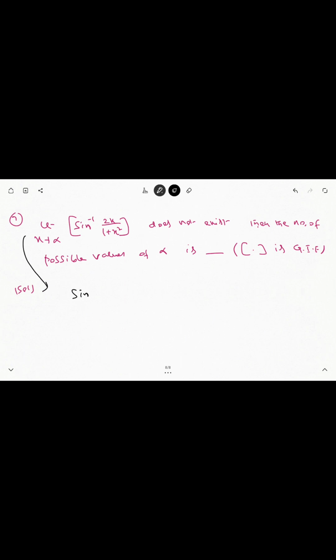Directly I am writing sin inverse 2x by 1 plus x square is equal to an integer. Then automatically the limit will not exist. Right? So integer means sin inverse of 2x by 1 plus x square is equal to minus 1 or 0 or 1, because range of sin inverse is minus pi by 2 to pi by 2.